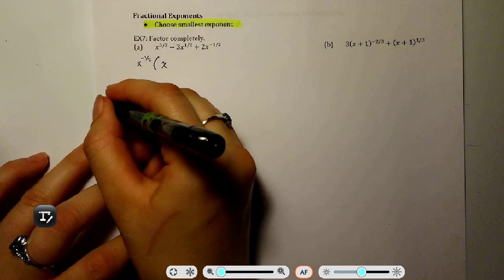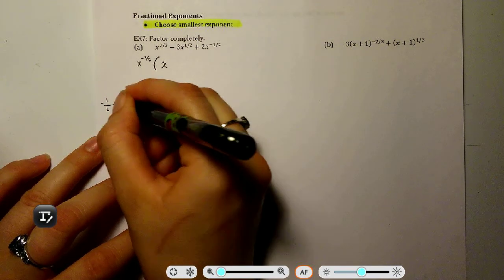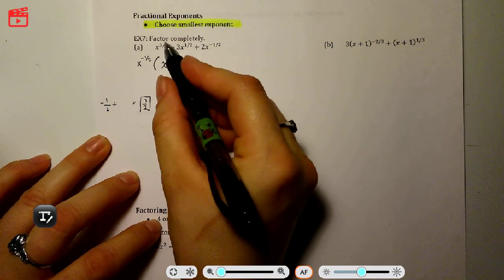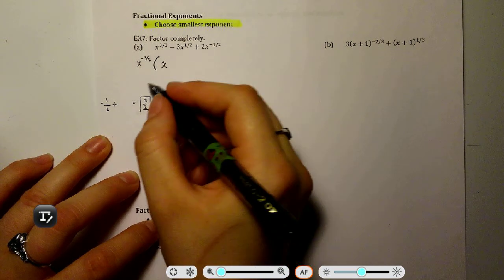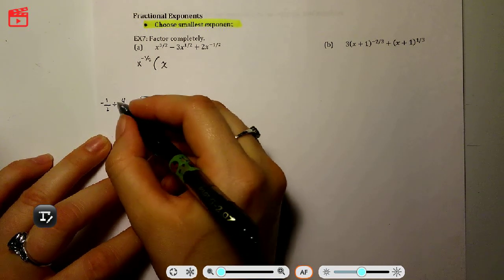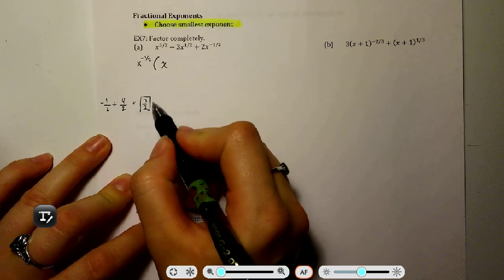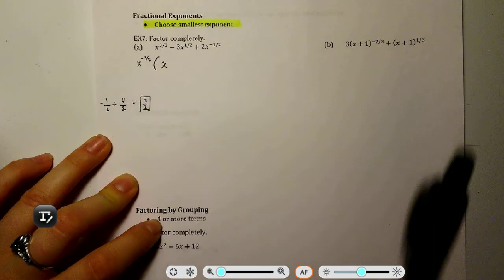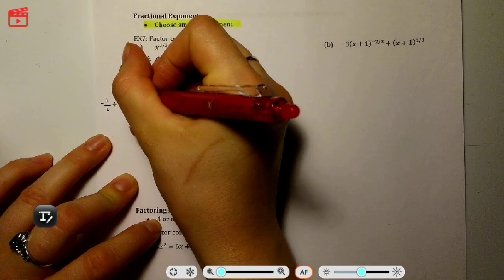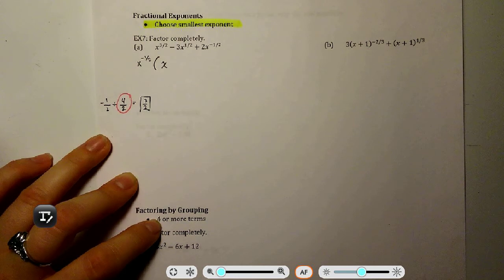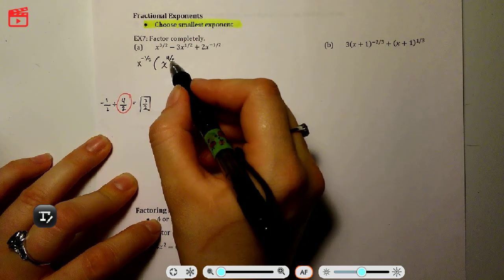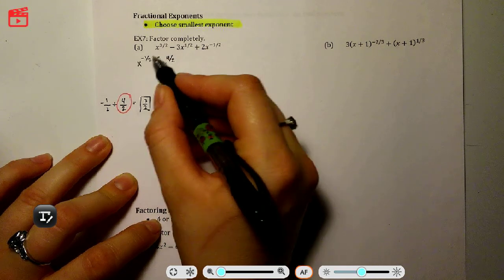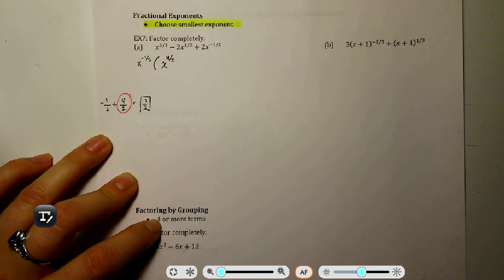So what I'm trying to figure out is what number plus negative a half would give me the original 3 over 2. Well, 4 over 2, if I add that to a negative half, I'll get the original 3 over 2. So 4 over 2 is the exponent I'm looking for. You could check that if we distributed this back in, keep the base, add the exponents, we would get x to the 3 over 2.